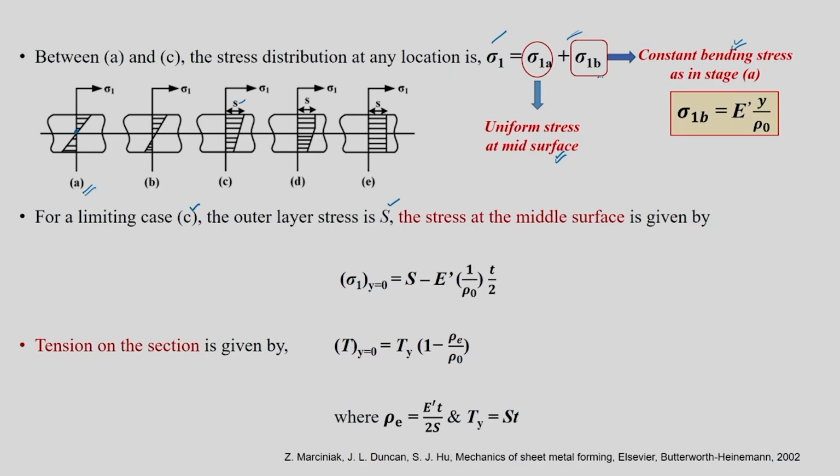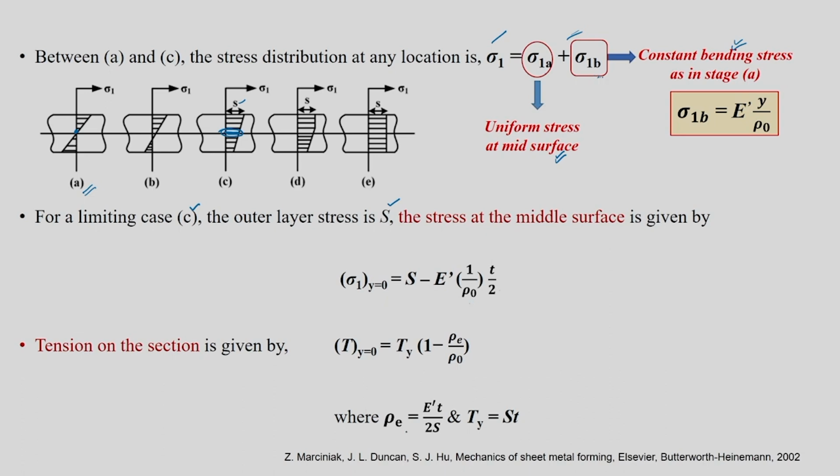If that is the case, you want to get the stress at the middle surface. What would it be? So sigma 1 at y equal to 0 is nothing but S minus E dash into 1 by rho naught into T by 2, isn't it?